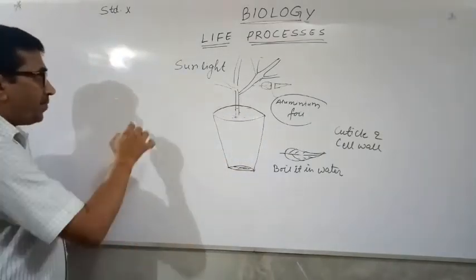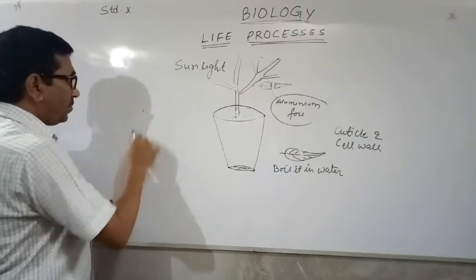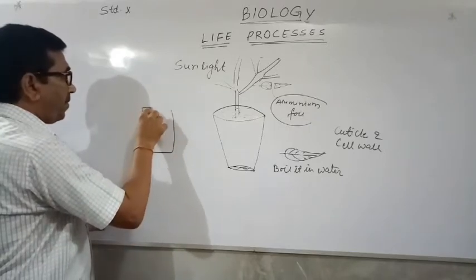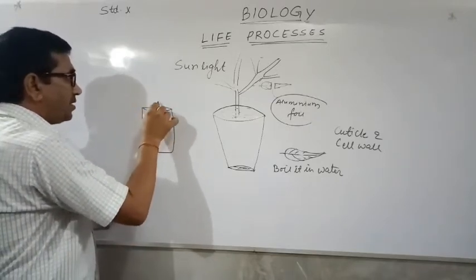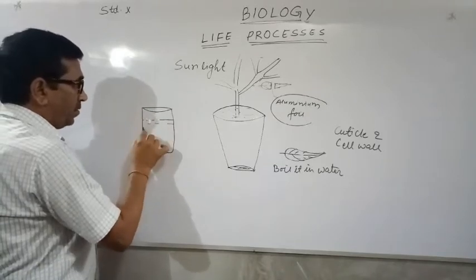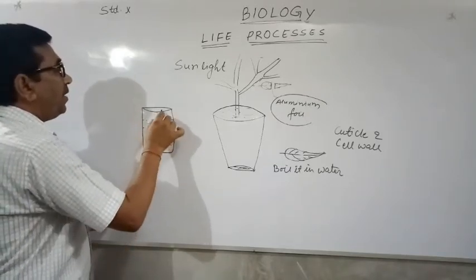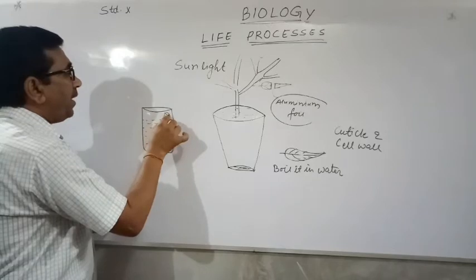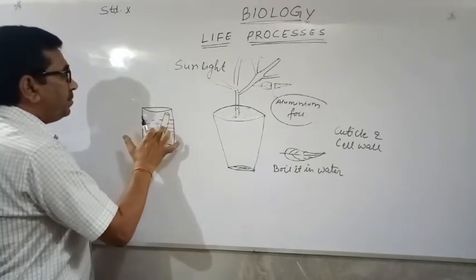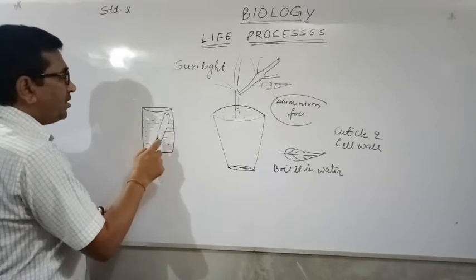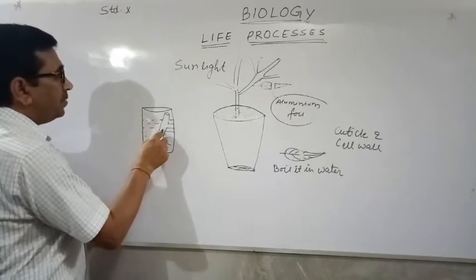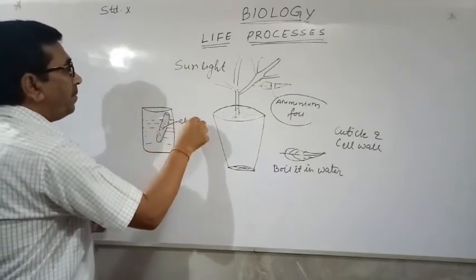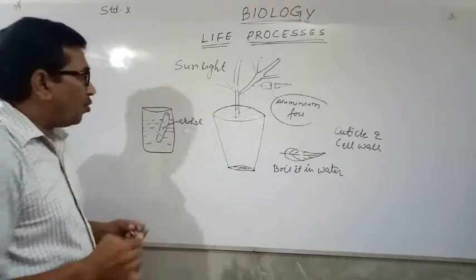Then we boil it in alcohol indirectly. What does indirectly mean? We keep the water, then we keep a test tube filled with ethyl alcohol.